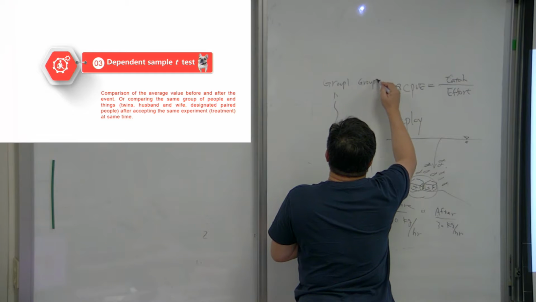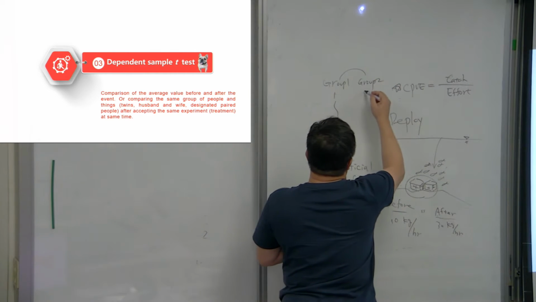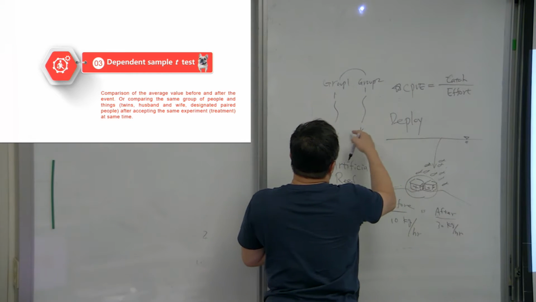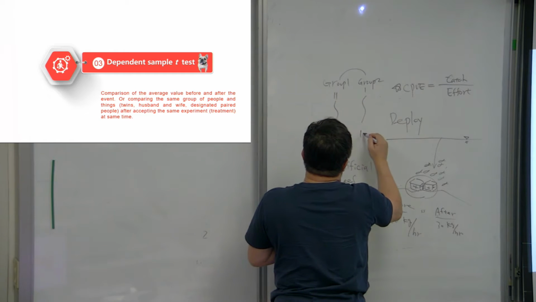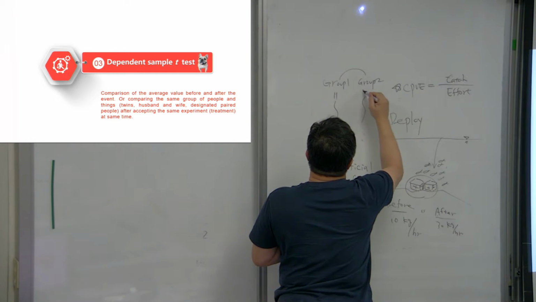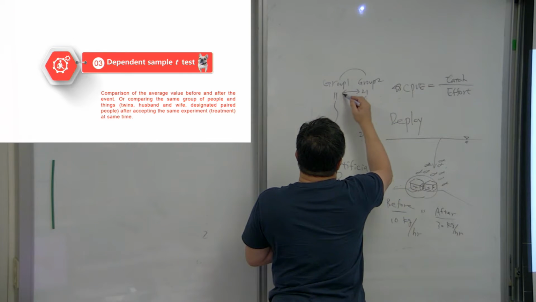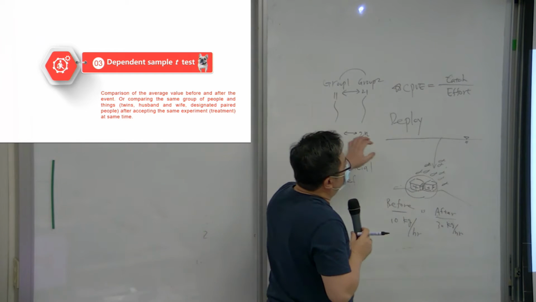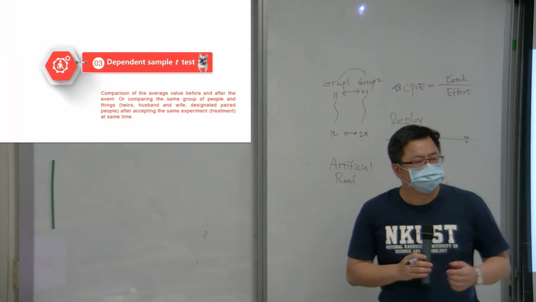Group 2 is the same patients, but they take the other medicine. Pair 1 by 1, 1 with 1, 2 with 2. Under this condition, we have to use the dependent sample t-test.